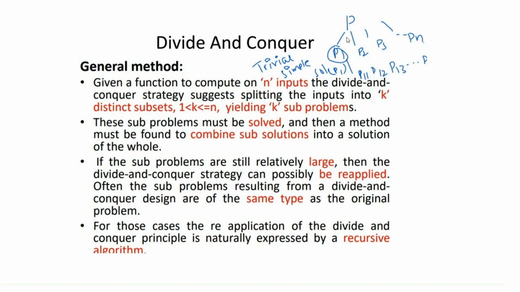In divide and conquer, whenever we have a problem of n inputs, the problem is divided into subproblems and each subproblem shares the size of the input. The subproblems must be solved independently, and then we find the solution by combining the solutions of the subproblems. If the subproblems are still large, the divide and conquer strategy will be reapplied.